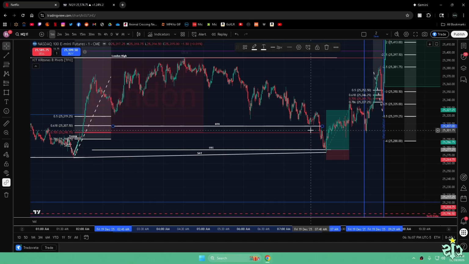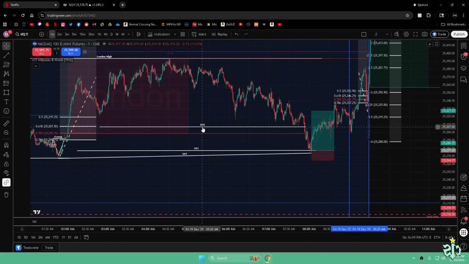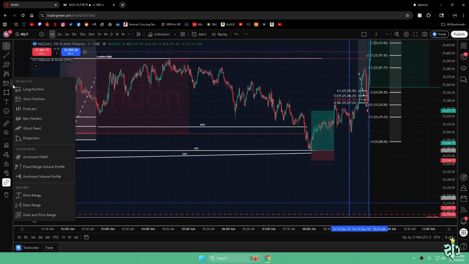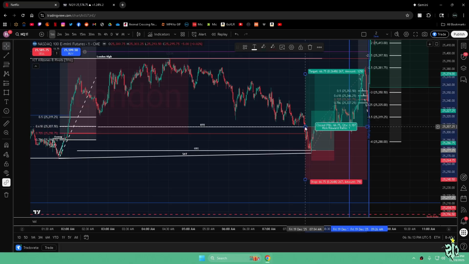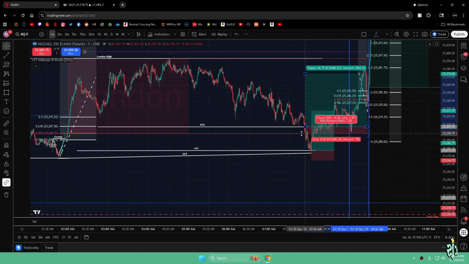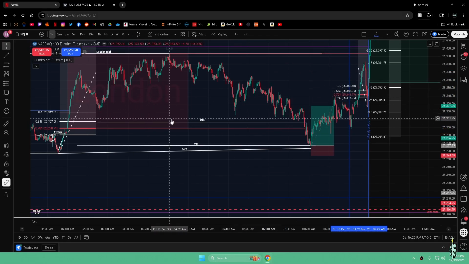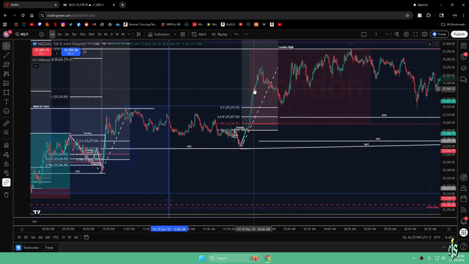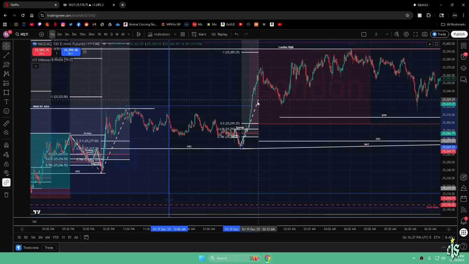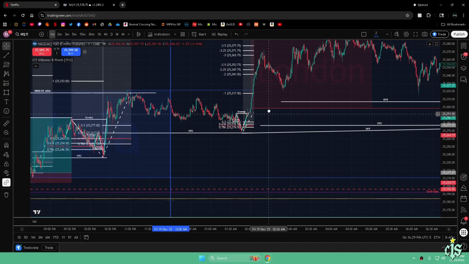And you're like, oh shit, it's kind of respecting it. Okay, just tap me in. Alright, so you have this long setup now. Well, this is a bad fib. Why? Because you didn't break structure at this high. You broke structure at this high.